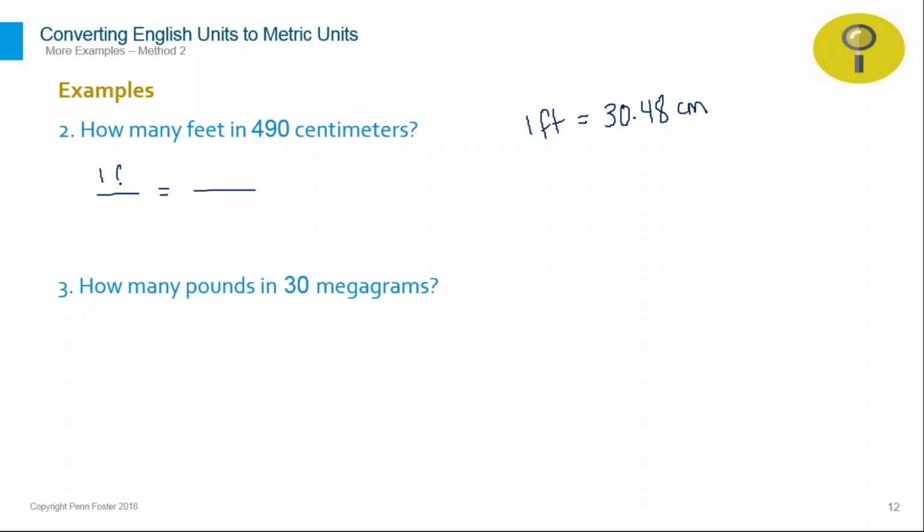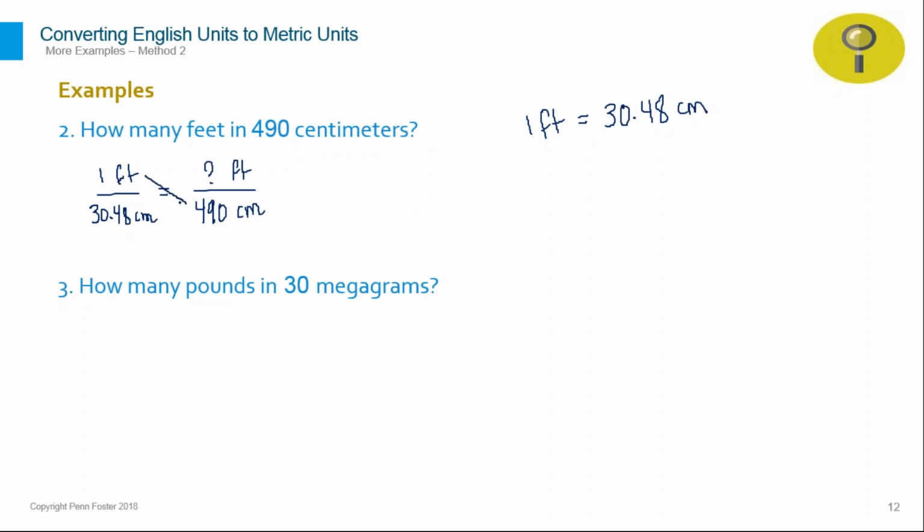Our facts, 1 foot, again, equals 30.48 centimeters. So how many feet in 490 centimeters? Again, cross multiply and divide.